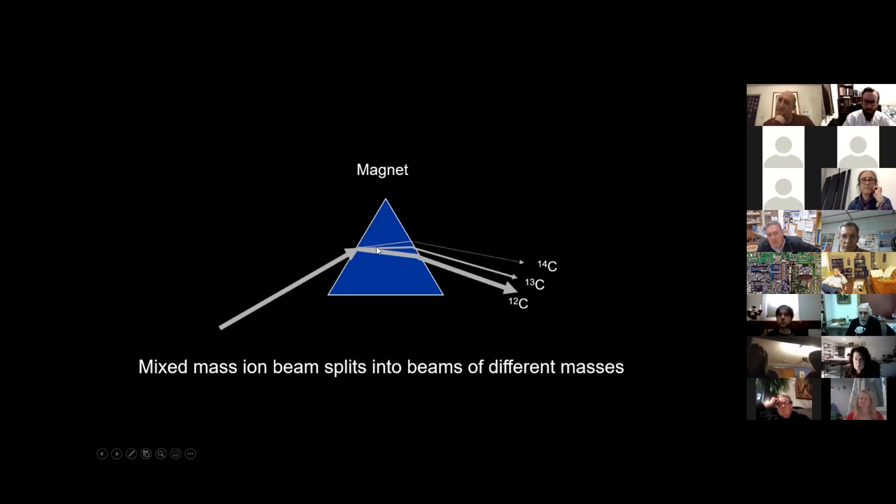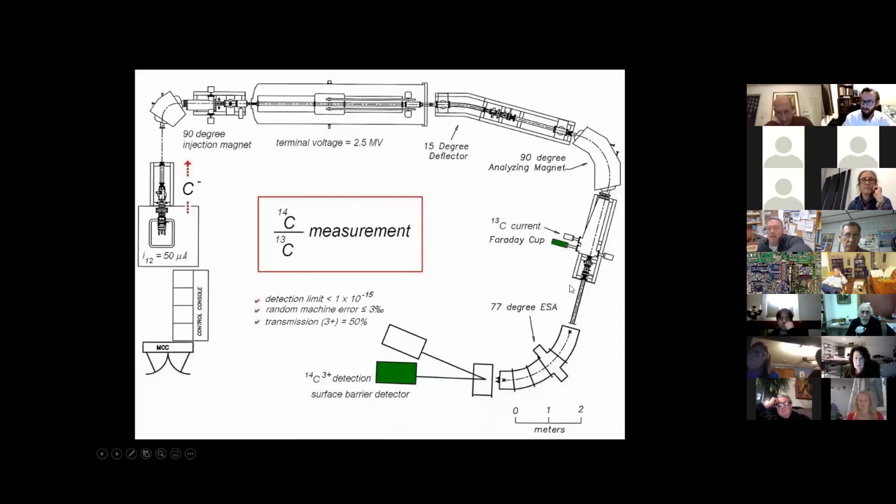If this is a mixture of 3 isotopes, we end up not with a smear like you do with the electromagnetic spectrum, but 3 discrete beams. Each one is pure isotope, pure mass. The beams are discrete because there's no mass 12.5 and no mass 13.25. You're separating them based on the different number of neutrons in the nucleus.